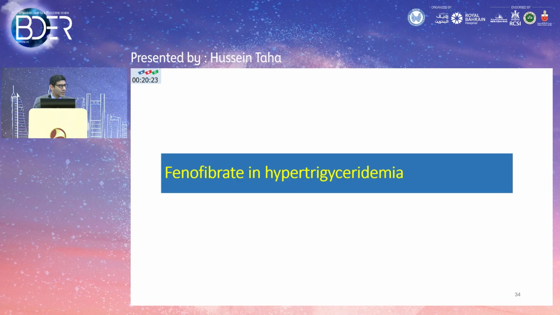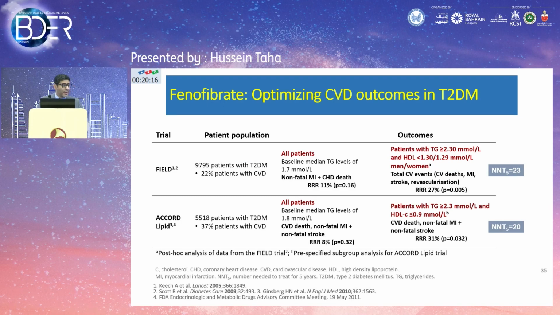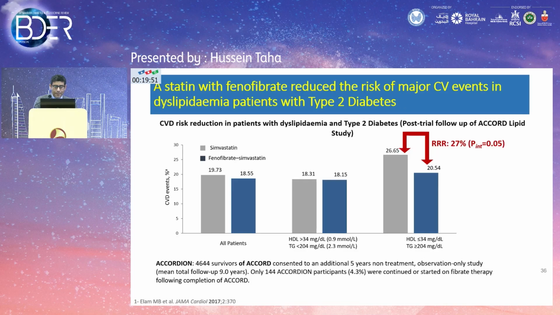How to treat triglyceride? What's the role of fenofibrate in treating hypertriglyceridemia? So in many studies, like in patients with diabetes after attaining LDL, adding fenofibrate, especially when triglyceride is more than 2.3 millimole, which is more than around 200 milligram per deciliter, you can get relatively 27 or 31 percent relative risk reduction with a number needed to treat of 23 and 20 respectively.